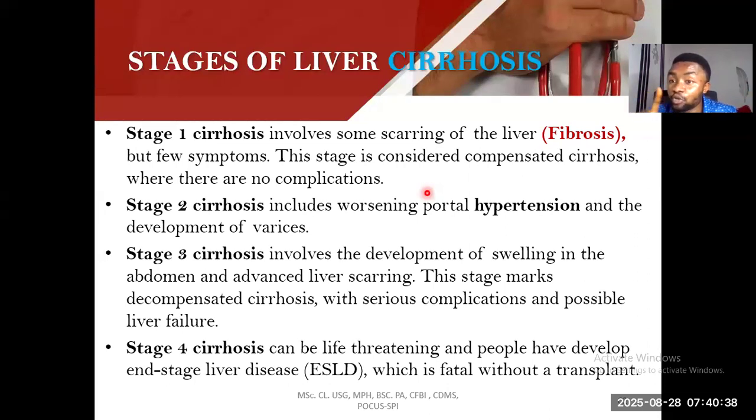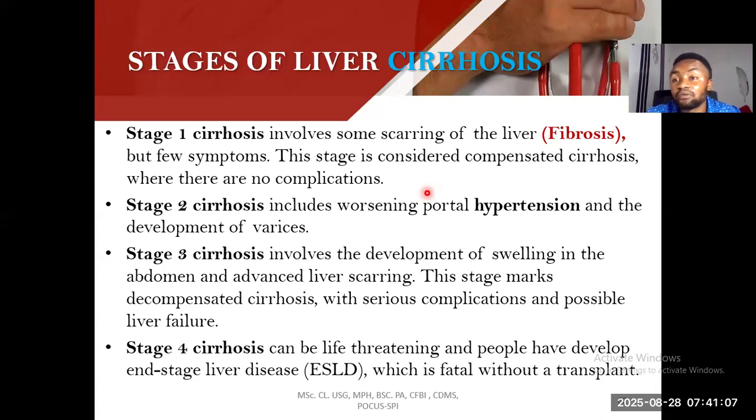But for those people who come to the hospital early, sometimes we put them on drugs, and the ascites can resolve, and the liver can come back to a bit normal, which can sustain the person for a bit longer. But if you wait in the house for your abdomen to be big, all fluid, at that time it's highly decompensated.